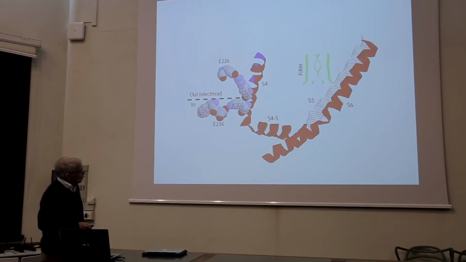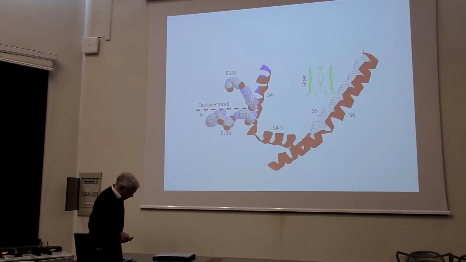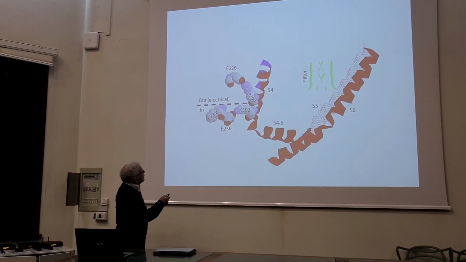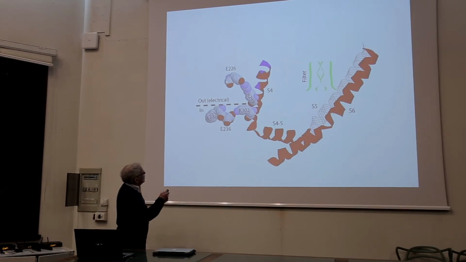Now, how does it work? How does the gate work? Rod then also provides this nice diagram. There is what he calls the charge transfer center, which are electrically negative aspartates, and there is this S4 group, which has numerous positive charges, 1, 2, 3, 4, 5.